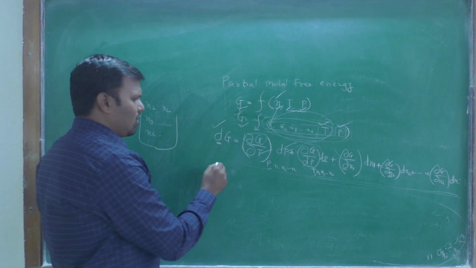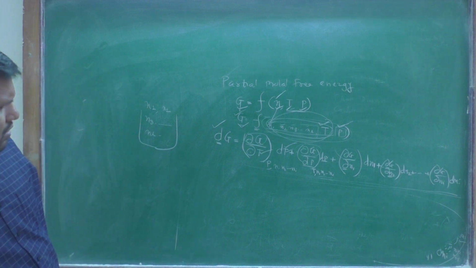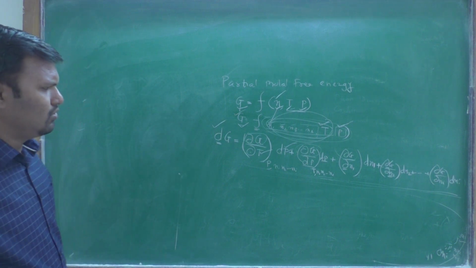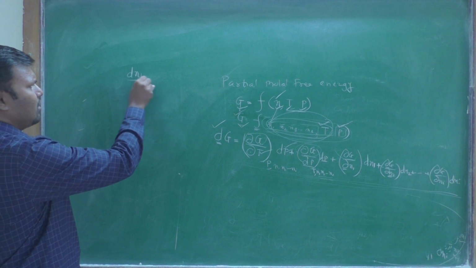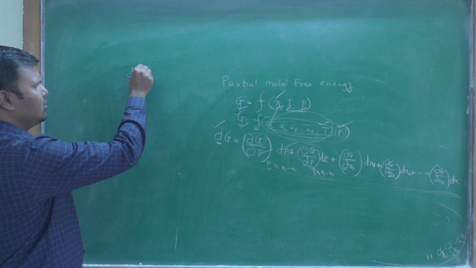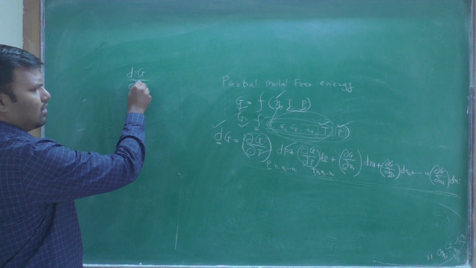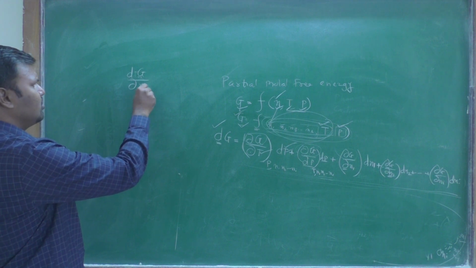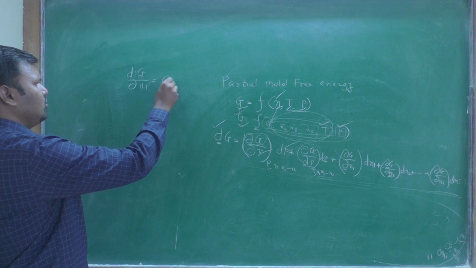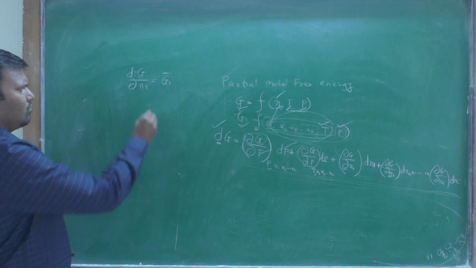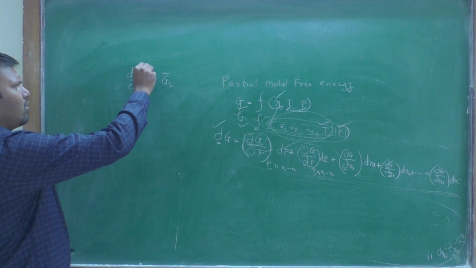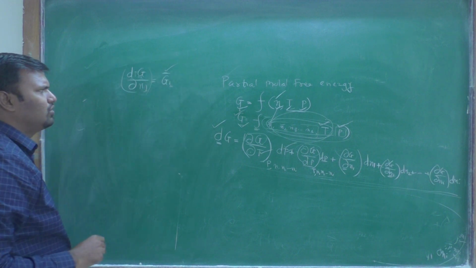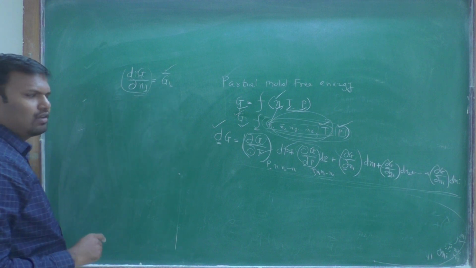Now the quantity del G upon del n1 is equal to G1 bar. We just replace this with G1 bar.